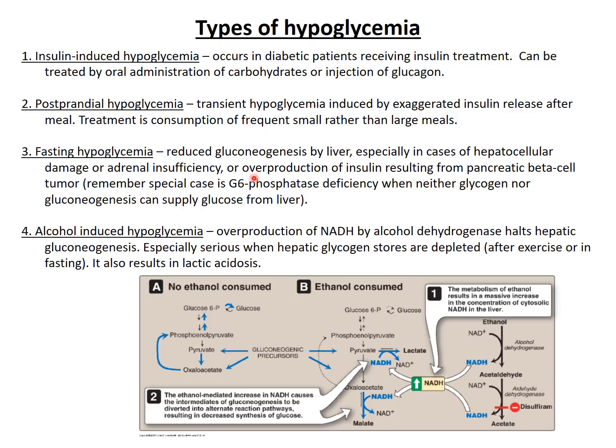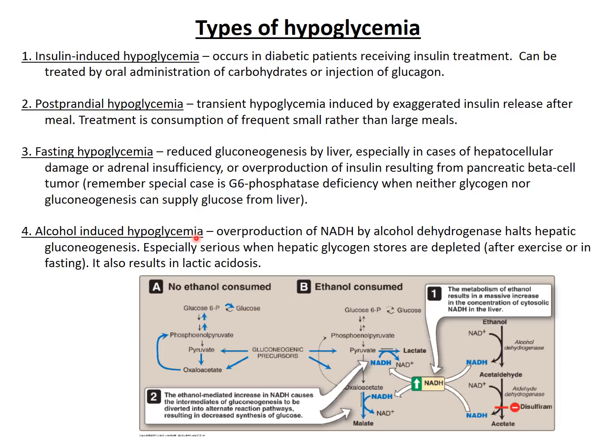It can be a sign of overproduction of insulin by the pancreas, and it could happen in pancreatic beta cell tumors. I just wanted to remind you that you learned one of the glycogen storage diseases, glucose 6-phosphatase deficiency, which will lead to hypoglycemia because this is the last enzyme of the glycogenolytic and gluconeogenic process. In glucose 6-phosphatase deficiency, which is von Gierke's disease, glucose will not be released by the liver, or less glucose will be released.